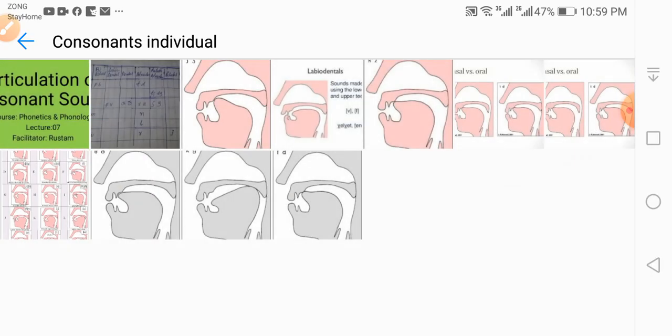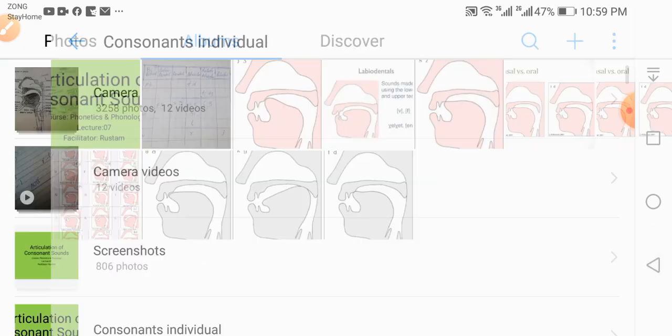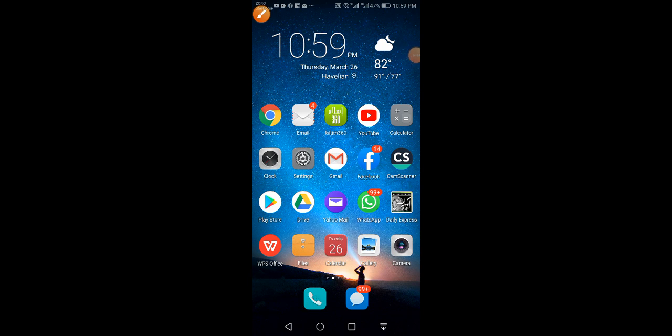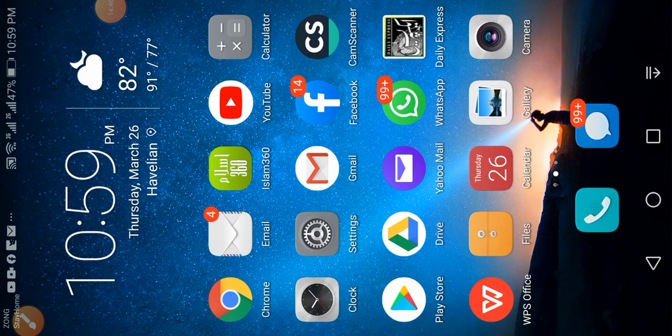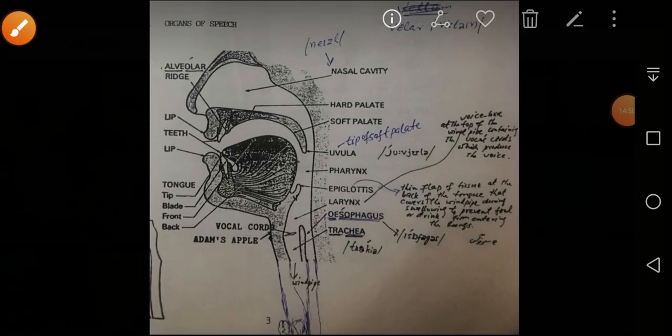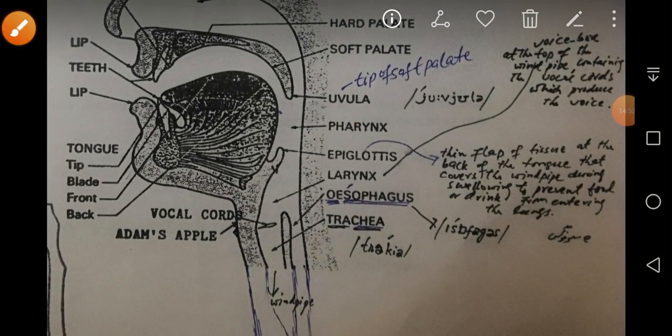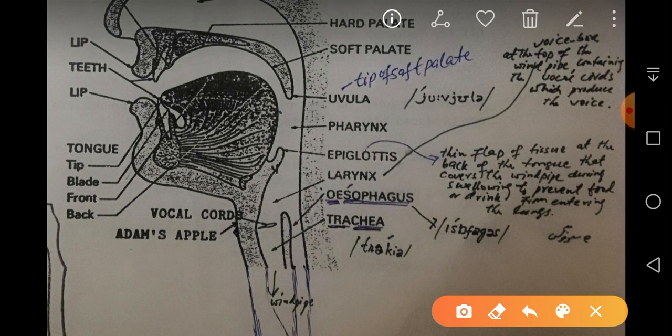Let me show you the actual picture like this one. So the H sound is produced in this area, the space between the two vocal cords, like this one and this one. This space is known as the glottis.